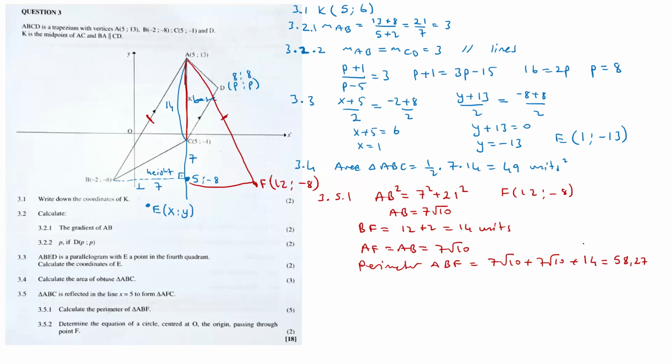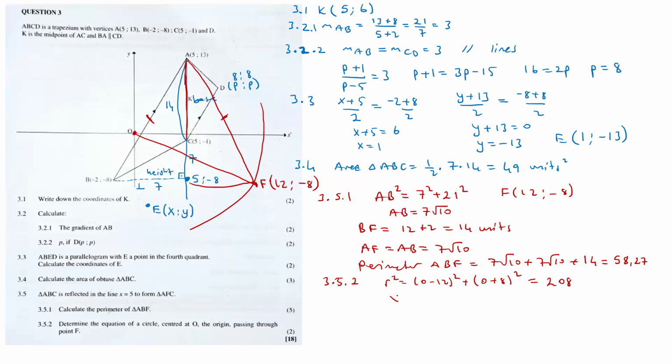Determine the equation of a circle centred at O, the origin, passing through point F. So if this is the centre passing through F, it's going to be this way. That means OF will be our radius. So we need to find the radius: r squared is equal to (0 minus 12) squared plus (0 plus 8) squared. Then r squared will be equal to 208.